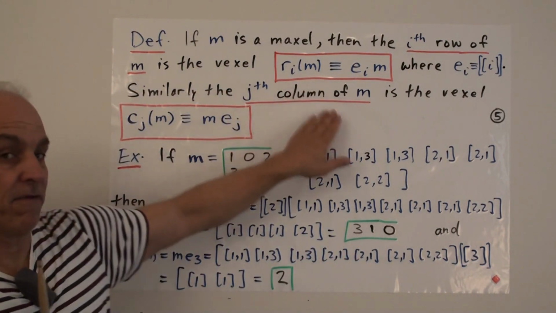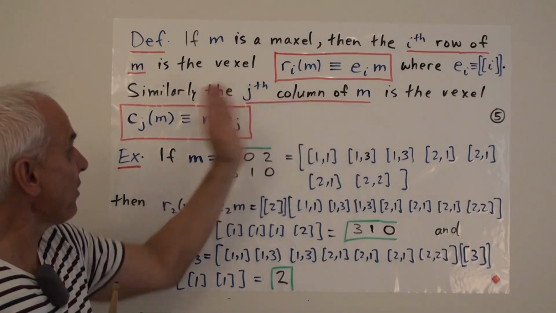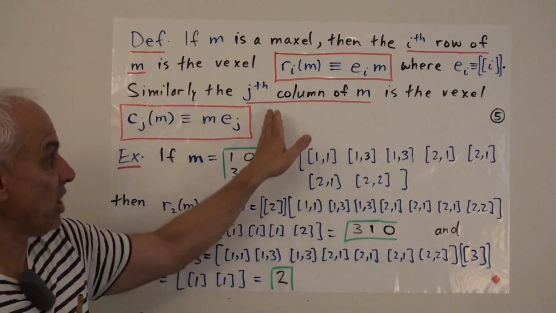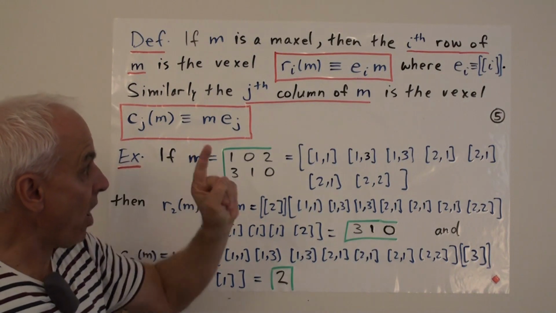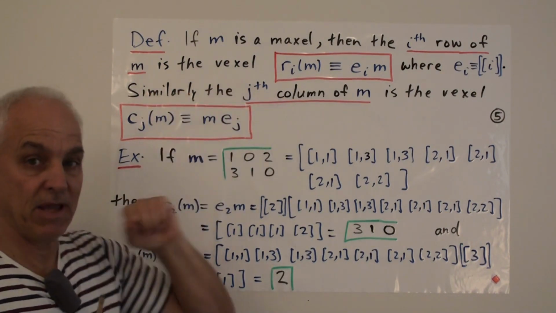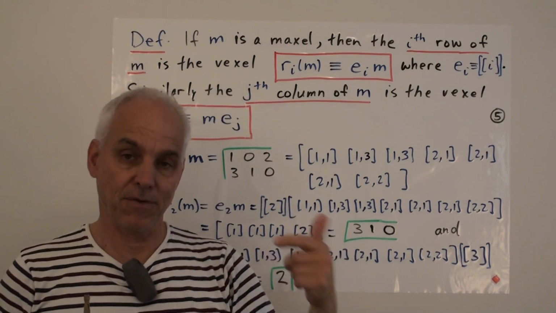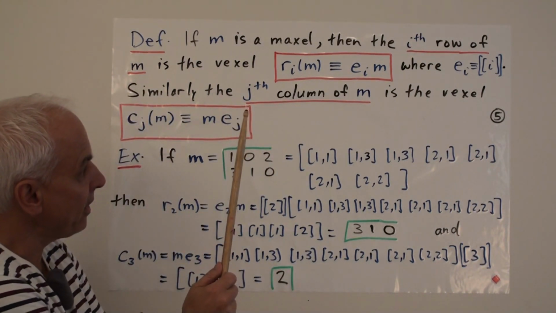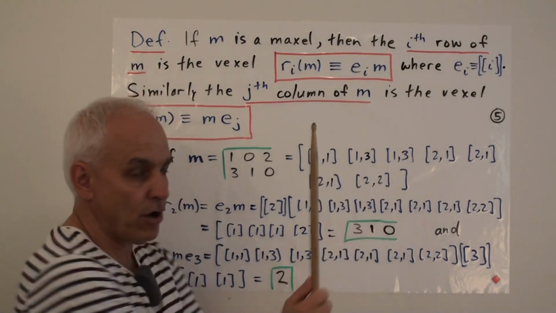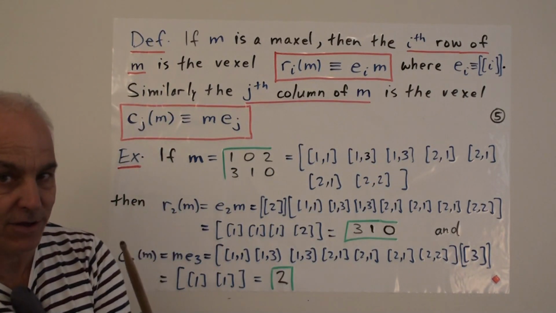And here is going to be our official definition of what the ith row of a maxil is, or what the jth column of a maxil is. And as I said in the previous slide, we want the ith row of a maxil to actually be a vexel, similarly for the jth column. So the definition is going to rely on this particular special kind of vexel.